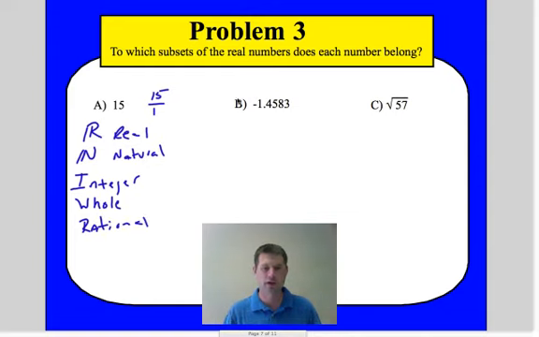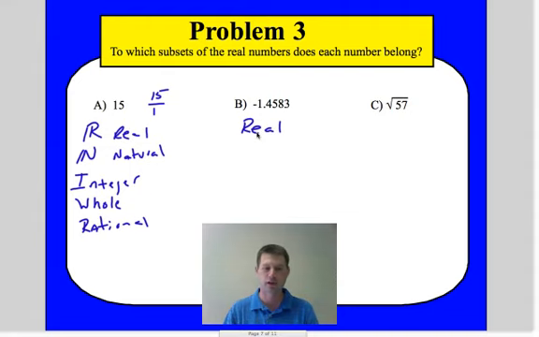Well, let's go over to part B. Is that a real number? Well, yeah, it is. So we'll say it's real. Everything's real that we know so far. Is it a counting number or a natural number? No, I wouldn't count negative 1.4. That's kind of weird. So it's not this. Is it an integer?